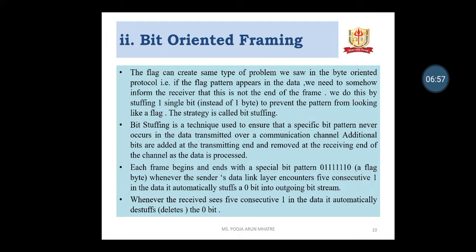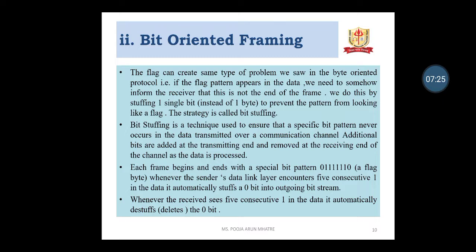So we do this by stuffing a single bit instead of one byte. To prevent the pattern from looking like a flag, the strategy is called bit stuffing. Bit stuffing is a technique used to ensure that a specific bit pattern never occurs in the data transmitted over a communication channel. So additional bits are added at the transmitting end and removed at the receiving end of the channel as the data is processed.